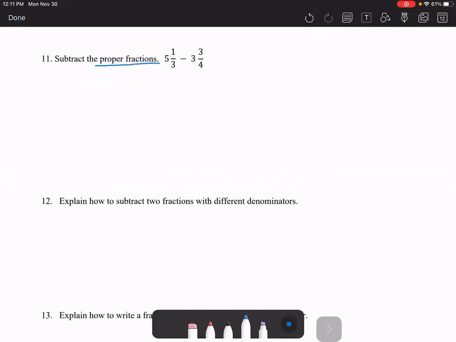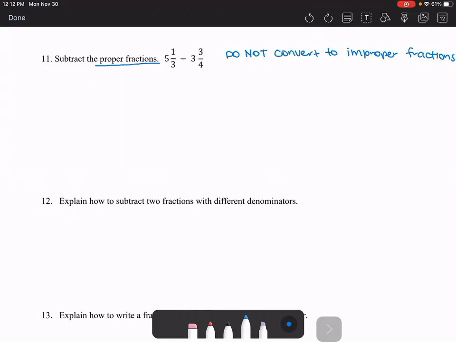So that means that we're not going to convert to improper fractions. So we're going to leave them as mixed numbers. To do this, we're going to have to be a little bit clever.